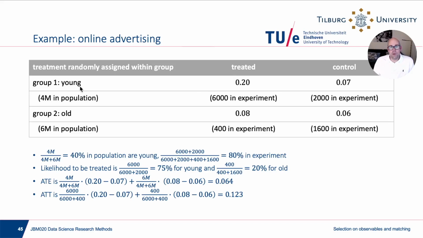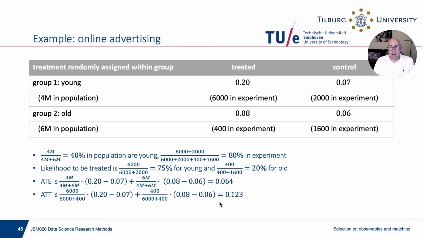If I now look at young people, then I can say, okay, treatment status was randomly assigned among young people, and I can therefore say that 0.2 minus 0.07 will be the treatment effect for young people, and you see this down here. So this is the treatment effect for young people, or an estimate of the treatment effect for young people. You see this also here. And for old people, it would be 0.08 minus 0.06. So you see these numbers down here.